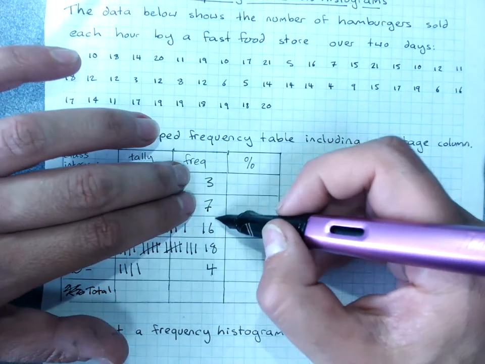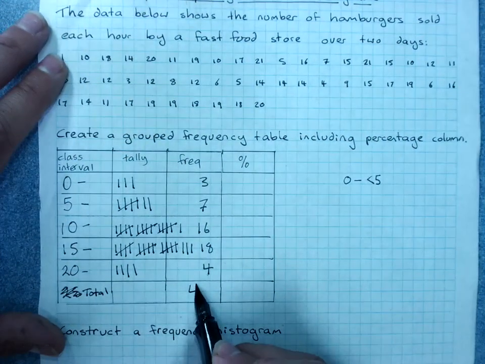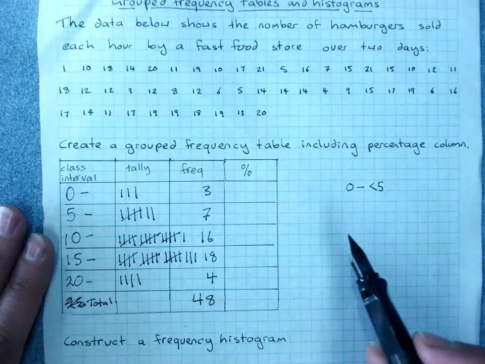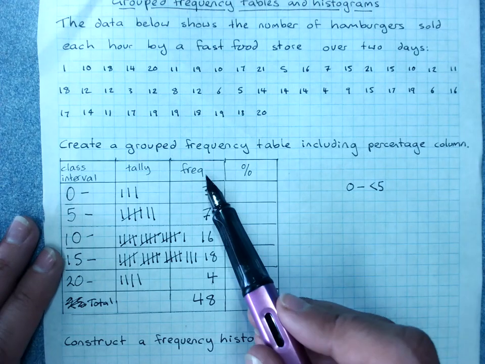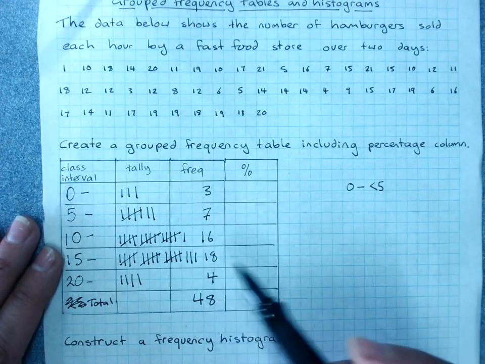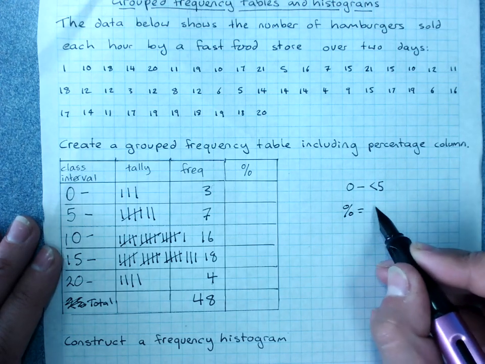What have I got? 10, 20, 30, 48. And that's correct because I had over 2 days. So our percentage is the frequency out of the total multiplied by 100.